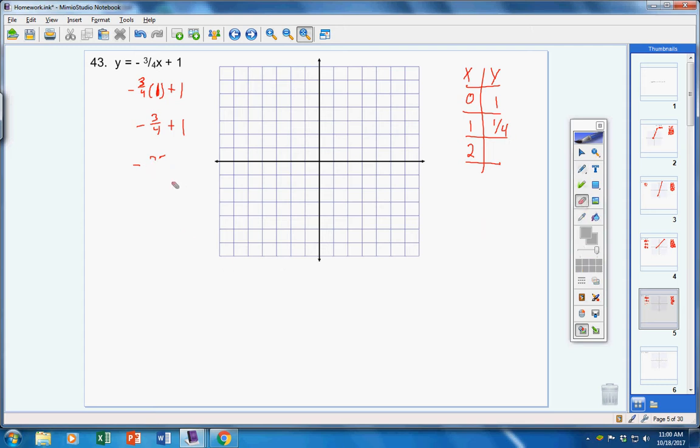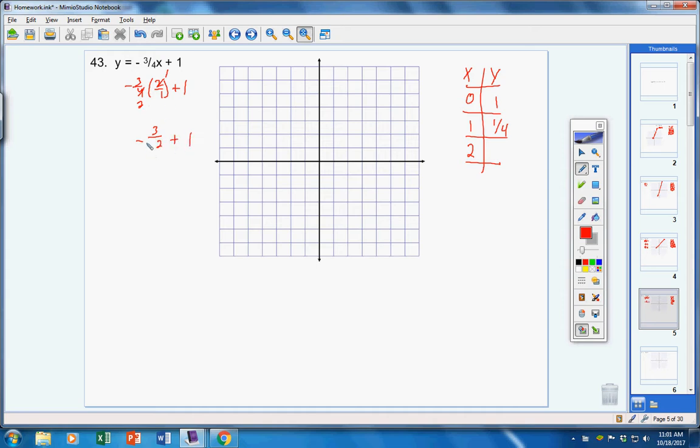Next, I'm going to substitute 2 in for x. So negative 3/4 times 2 over 1 plus 1. Negative times a positive is negative. 3 total, we can do some canceling here. 3 times 1 is 3. 2 times 1 is 2.